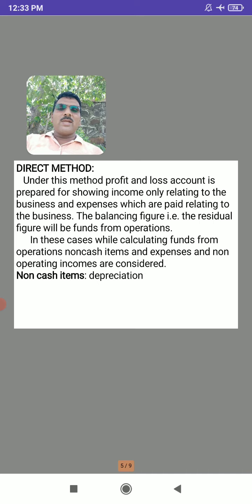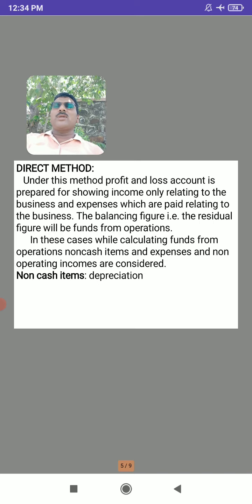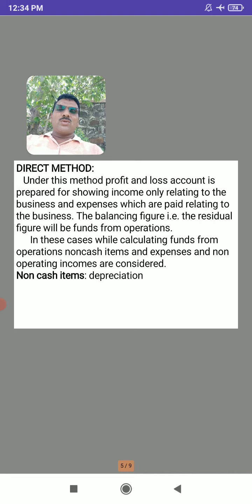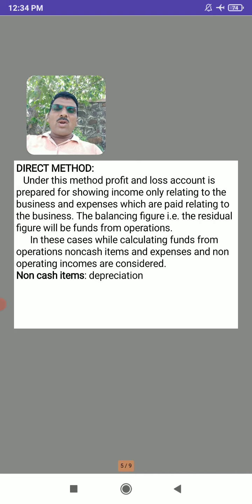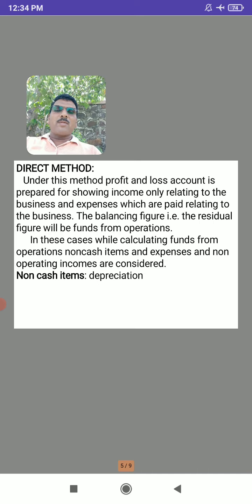In these cases, while calculating funds from operation, non-cash expenses and non-operating incomes are considered. Non-cash items are like depreciation. So here we consider only the incomes and expenditure relating to the business, and the difference between these two will be the funds from operation.